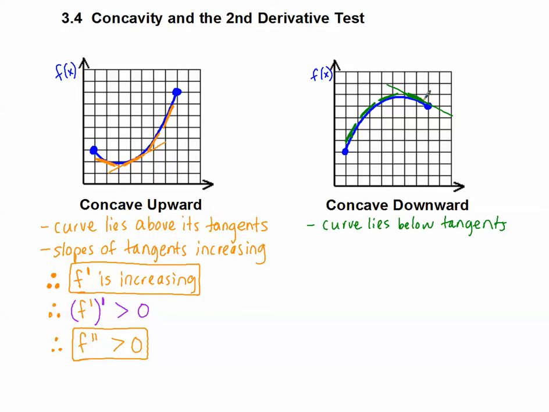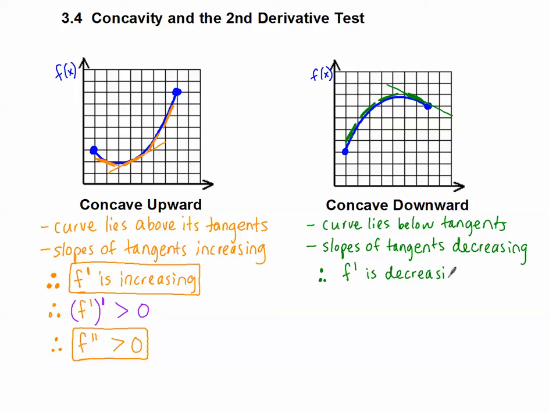So what's happening to the slopes? They are decreasing. Really positive, less positive, less positive, and now negative. So in this one, the slopes of the tangent lines are decreasing. And let's translate that into what we know about derivatives. So therefore, f prime, slopes of the tangents, derivative, is decreasing.